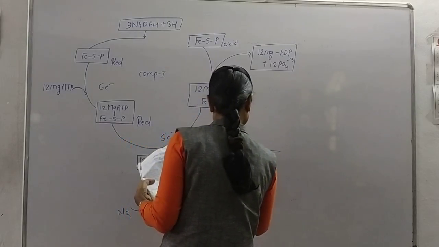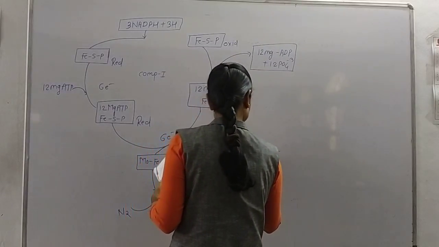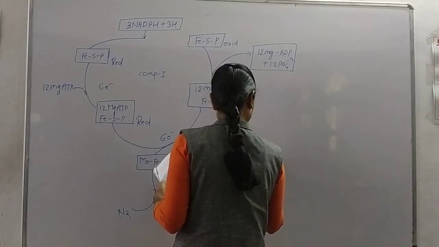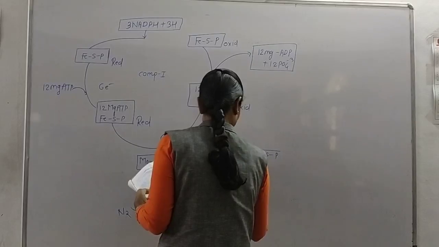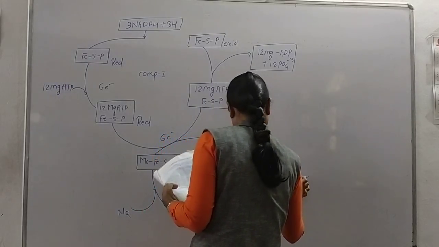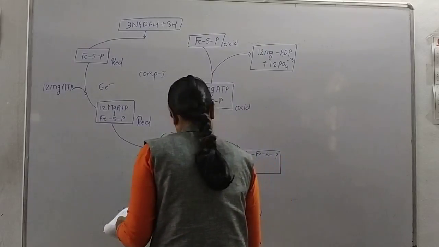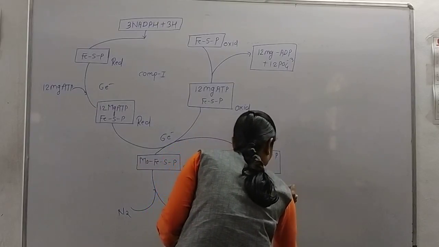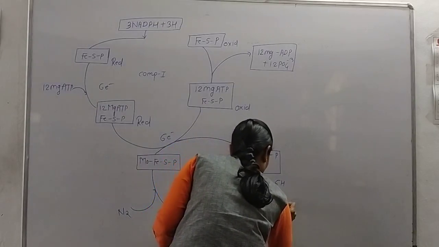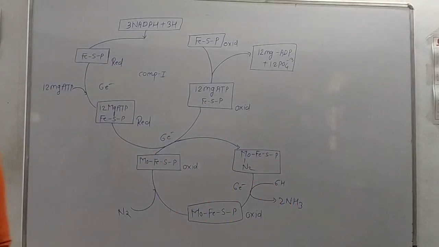Molybdenum iron sulfur protein. This is component 2. So this is a simple cycle.